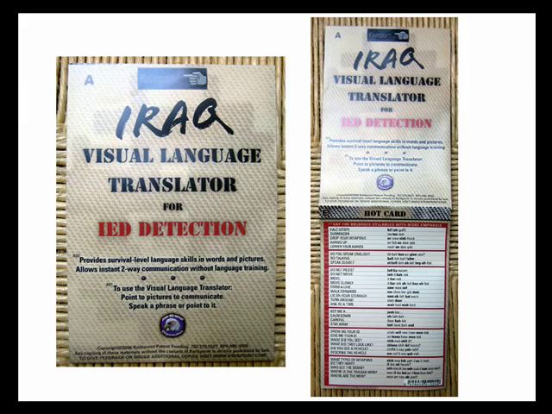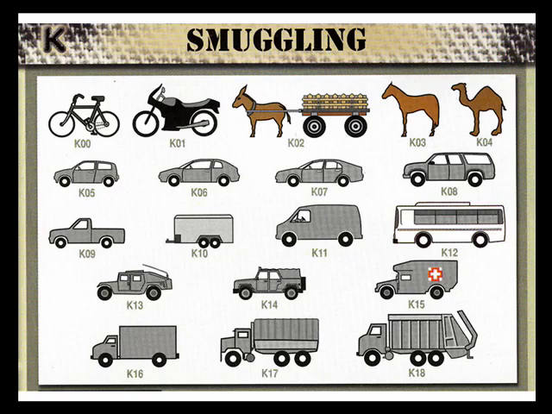This is a brochure, a folded piece of paper like a map, that contains technical information. In this case, it's graphic pictures for communicating about IEDs, improvised explosive devices, that allows the holder to point to pictures. It provides graphics to overcome language barriers. Technical communication consists of words and images, and the images are as important as the words.